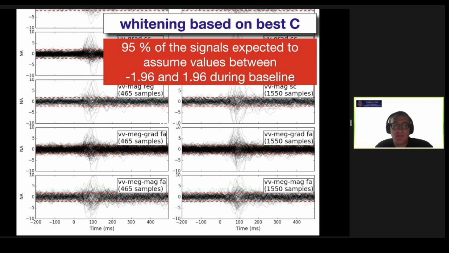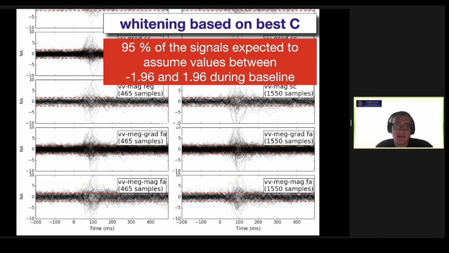If you look at what's happening before time equals 0, you have these two horizontal lines, at minus 1.96 and 1.96, which are the confidence interval in which, for a Gaussian distributed variable, 95% of the values should lie.